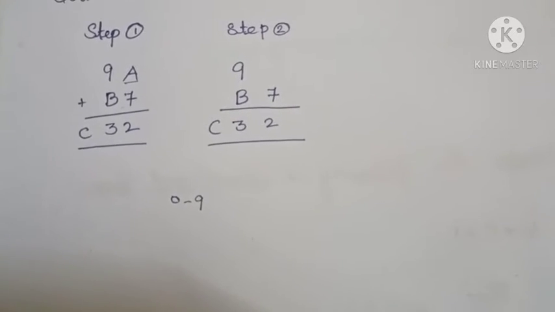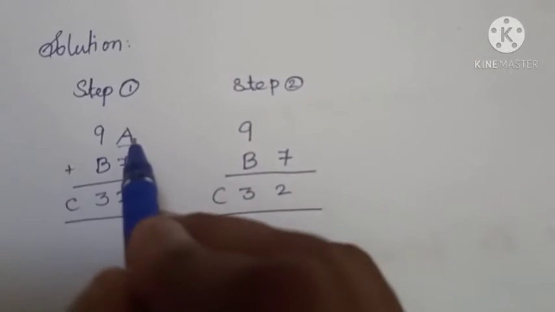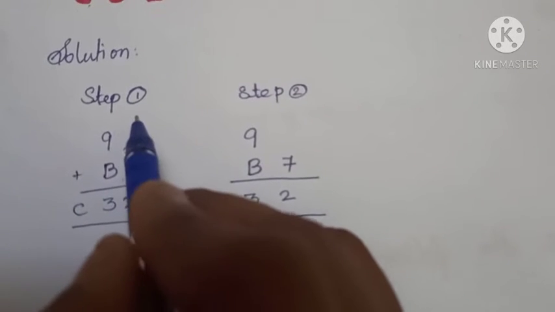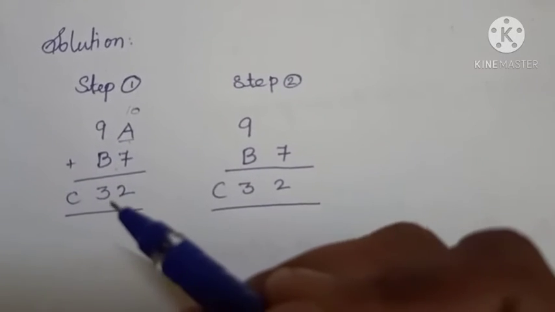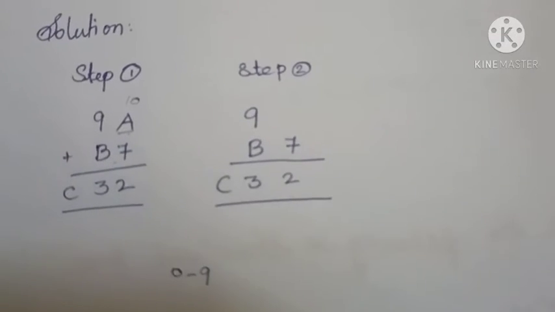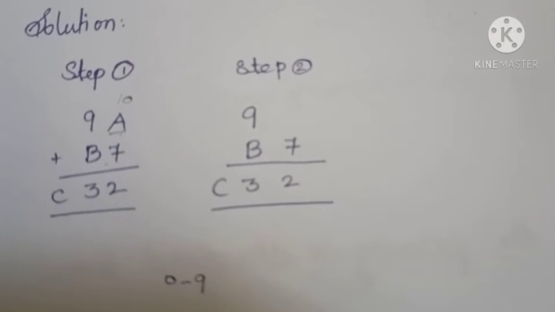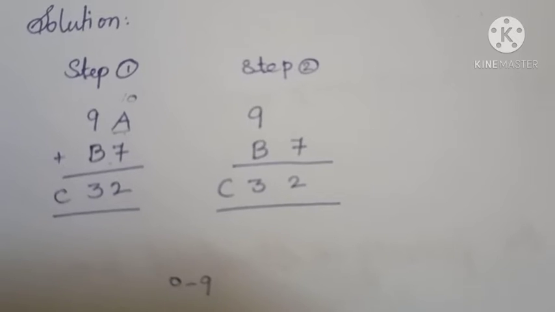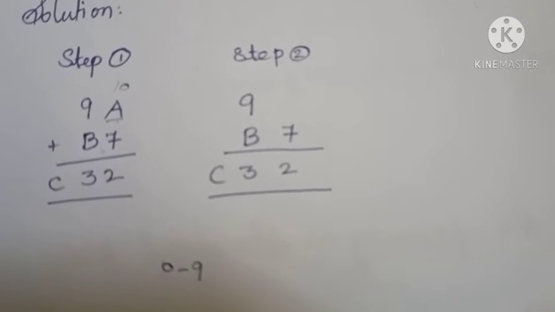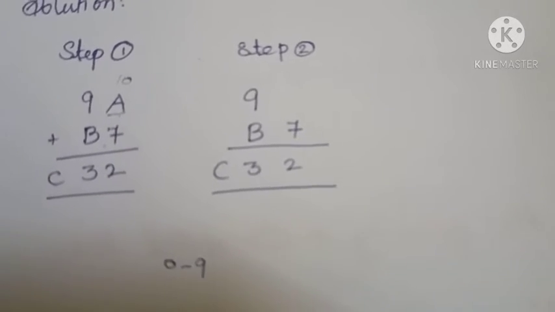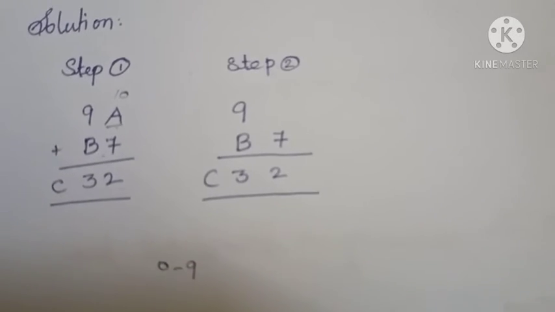You won't fill 10. Instead of A we can't fill 10 here. We need only a single digit number. So what are the single digit numbers? 0 to 9 are single digit numbers. These are the possible values for A, B and C.